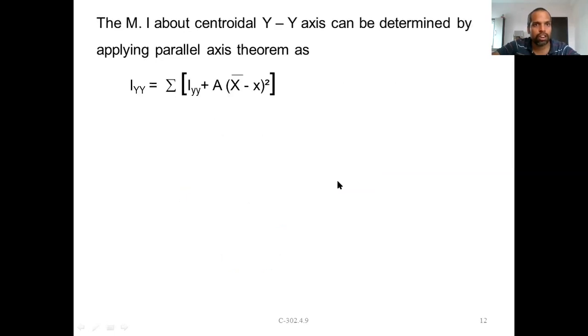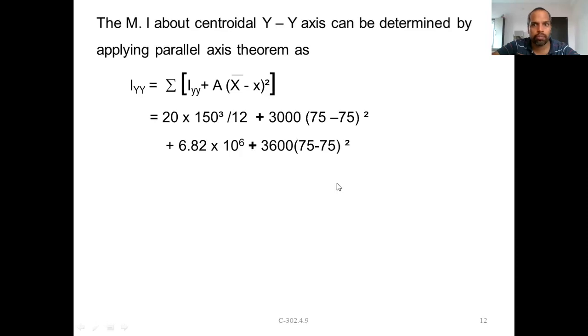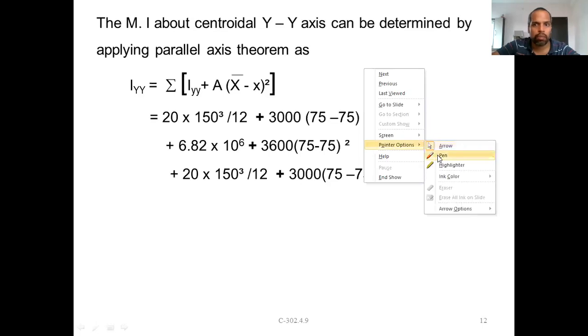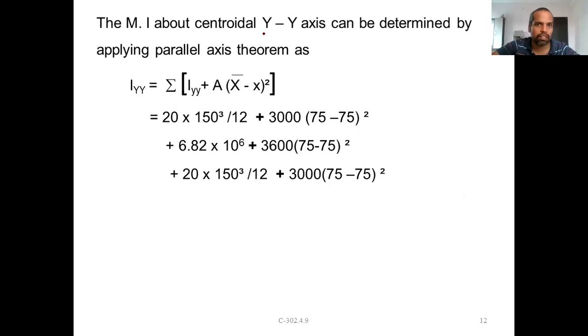Next, the moment of inertia about the centroidal y axis can be determined by applying the parallel axis theorem as follows. See this one: 75 minus 75, 75 minus 75, 75 minus 75. I said not to apply the parallel axis theorem, because the y axis of the figure and the y axis of the individual plates, the I section as well as the bottom plate, all coincide with the y axis of the entire section.